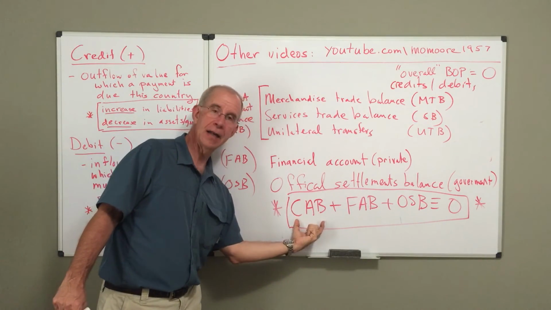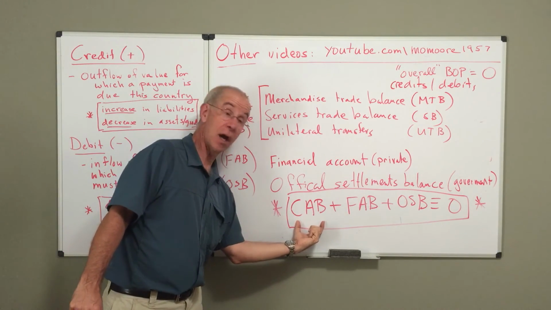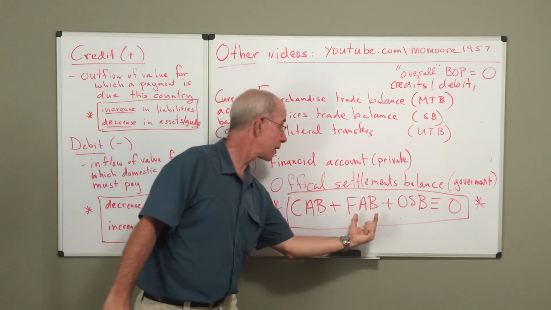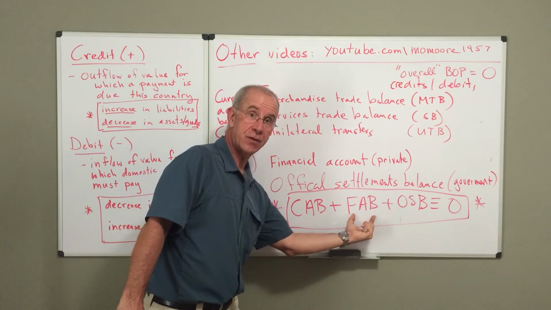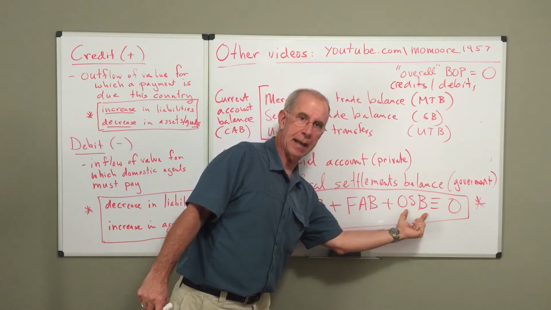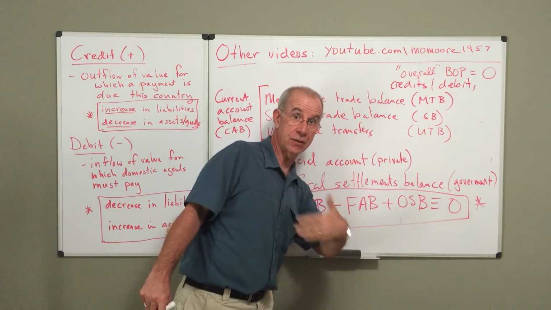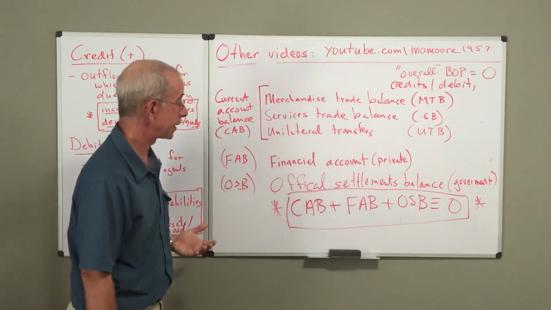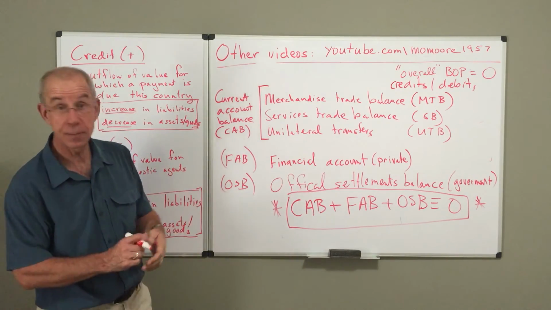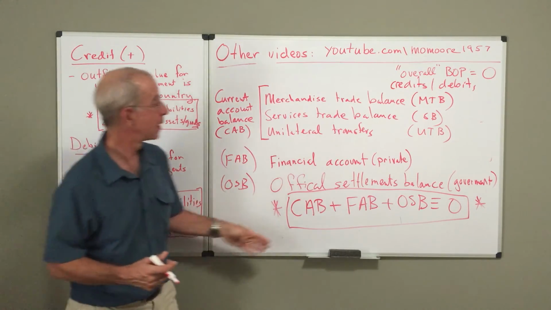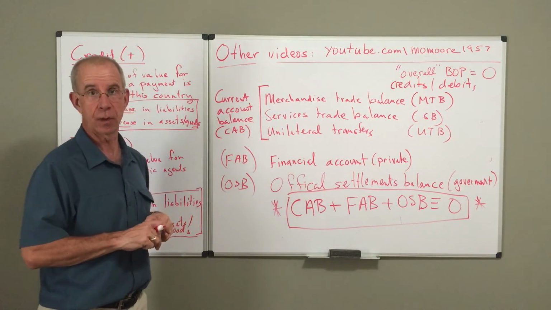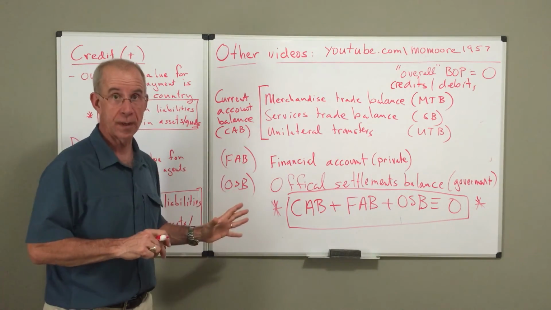So here we've got imports and exports of goods and services. Okay, so this is goods and services. Here is private financial transactions, and here is central bank and government transactions in the international marketplace. So each one of these things can be positive or negative, but they must add up to zero, always.